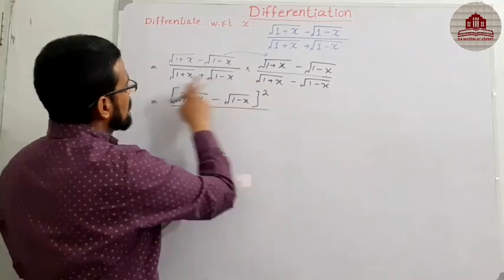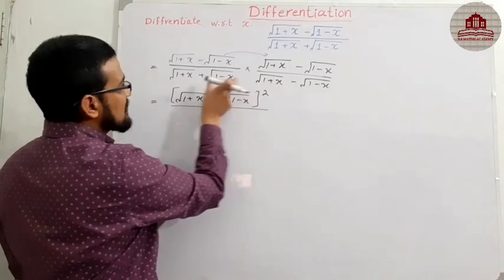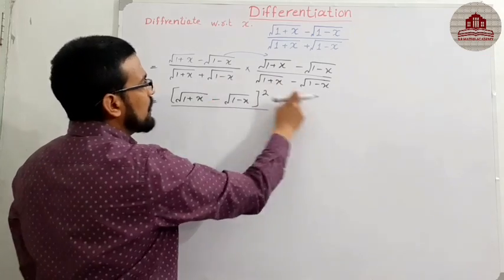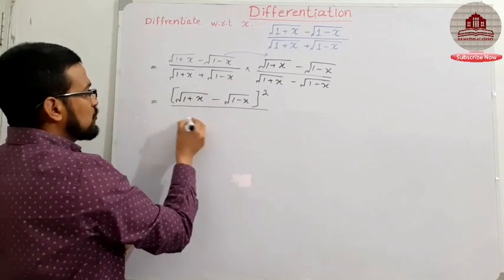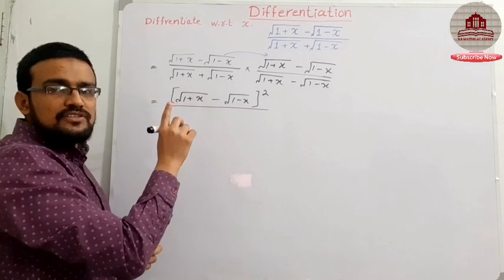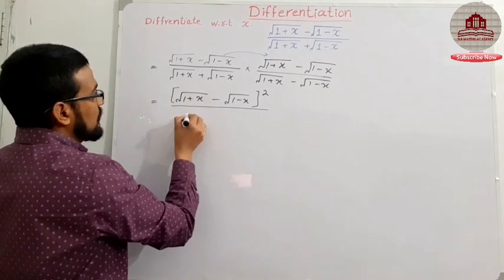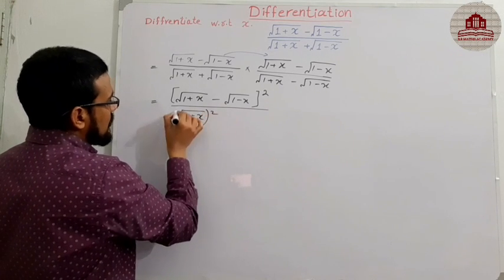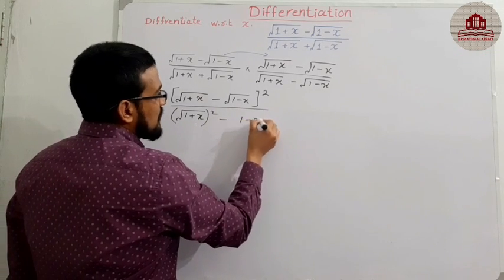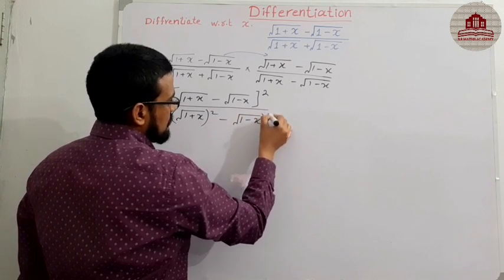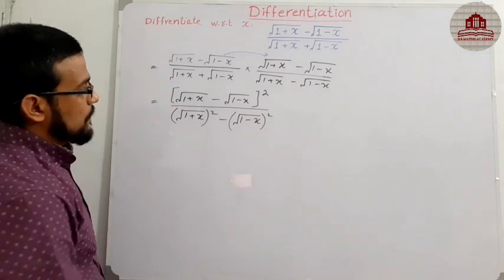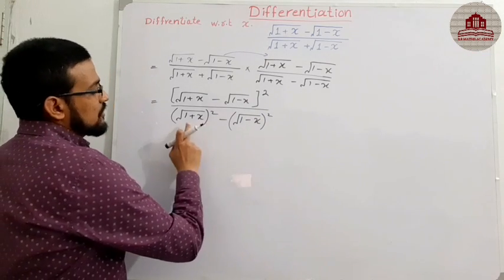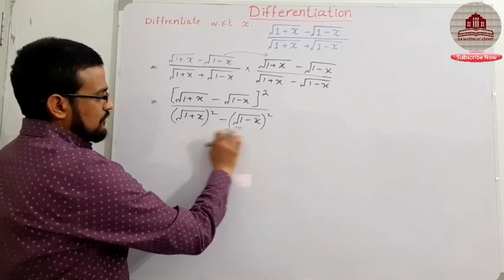In the denominator, this is plus, this is minus, both are conjugates of each other. So we can use the formula a plus b into a minus b equals a square minus b square. It means square root of 1 plus x, squared, minus square root of 1 minus x, squared. Okay students, in the numerator we apply the whole square formula, and in the denominator the difference of squares.